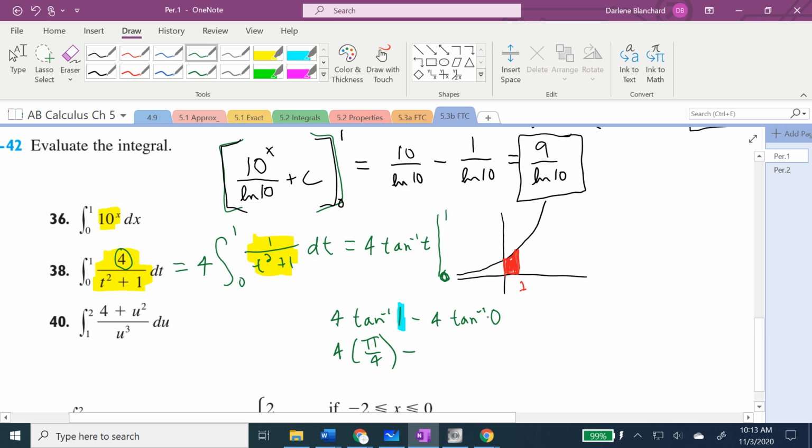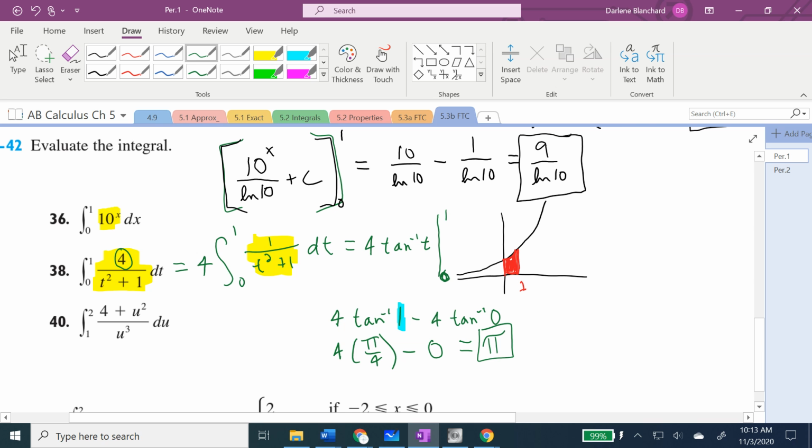And then this is asking, what is the angle for which the tangent gives an answer of 0? Or what is the angle where the slope is 0? And that would be angle 0. So I end up getting literally the number pi. If that is just amazingly beautiful, it is amazingly beautiful.